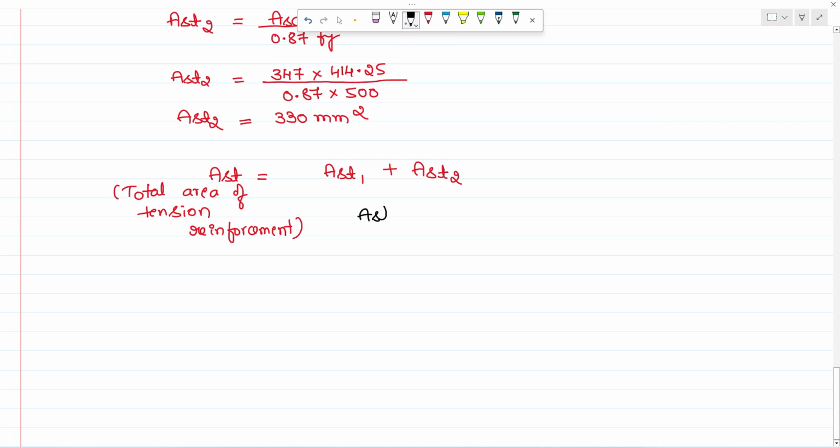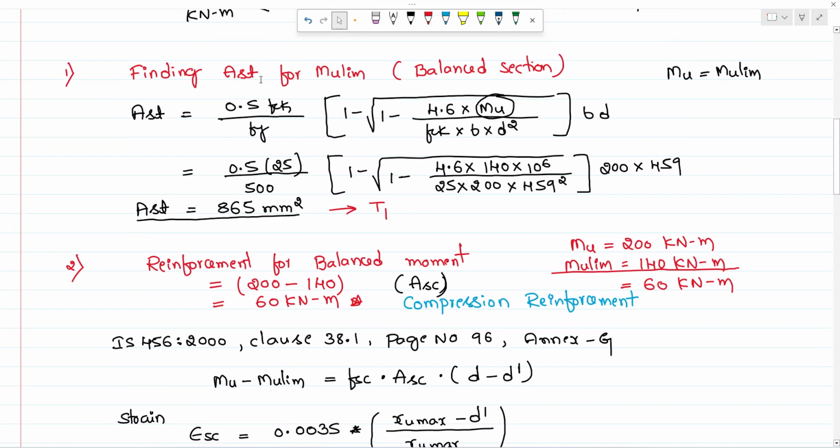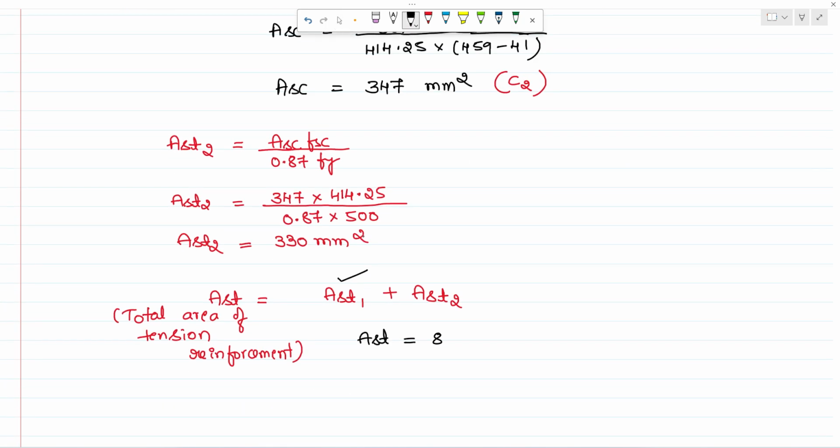So here AST equals AST1. What is the value of AST1? Initially you calculated the area of steel for the balanced section. So this will be your AST1. I denoted it as T1. So 865 plus AST2, which is 330.